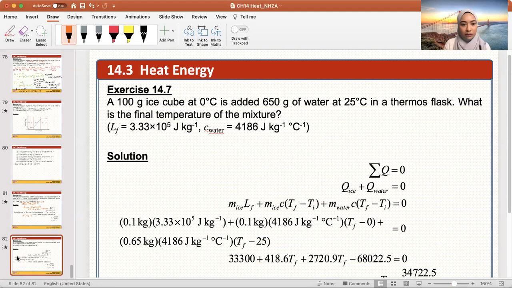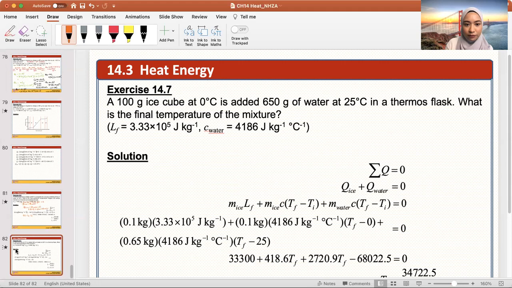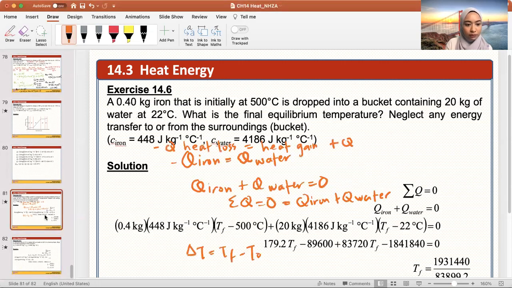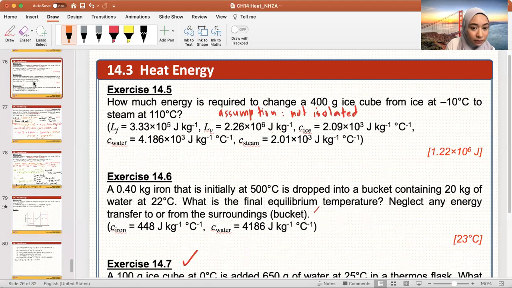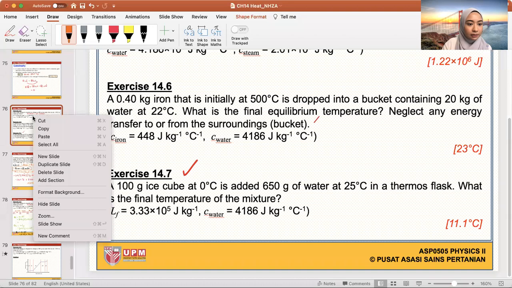Alright. Last exercise. Is it the last one? We have 14.7. Okay, so this is the last one for our class. Yay! So chapter 14 is finished. Okay, so duplicate this again.